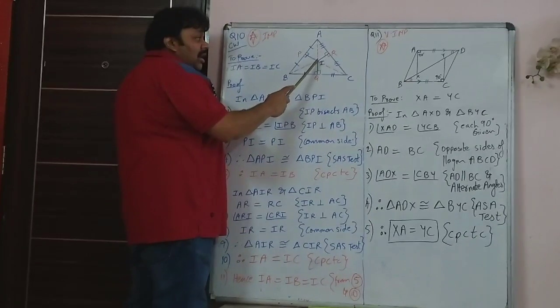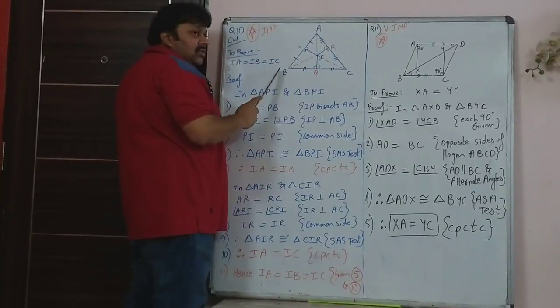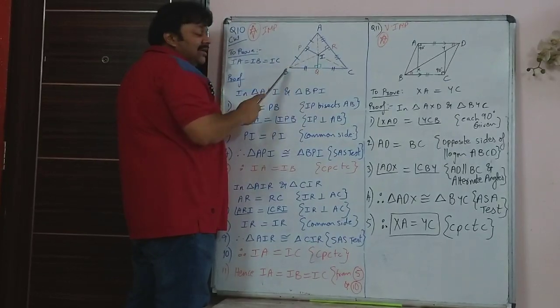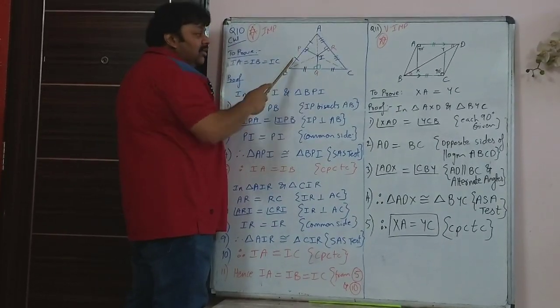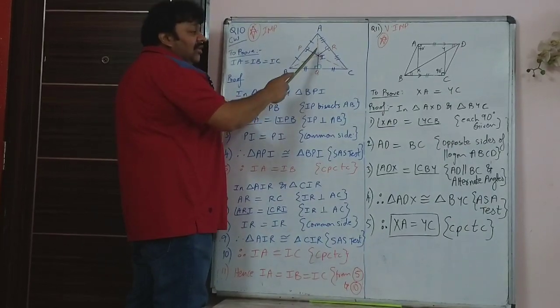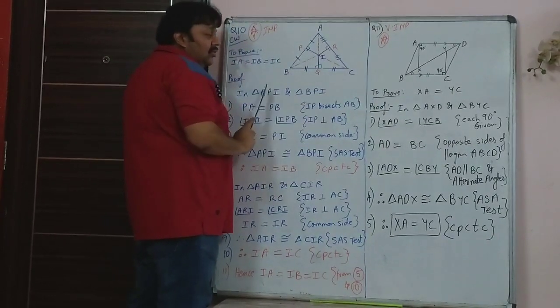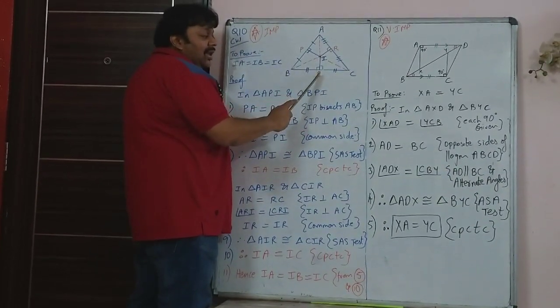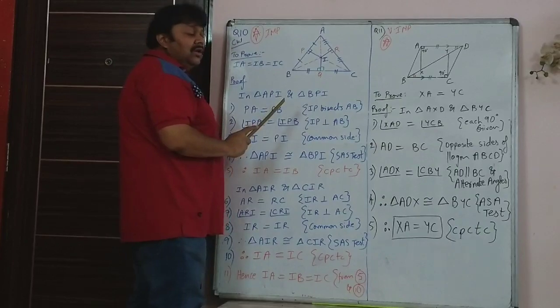I am only given IP is perpendicular to AB, so those two angles are 90. And IP is bisector of AB, so P is midpoint of AB. So AP and PB are equal. Same way, IQ perpendicular to BC, so IQB and IQC, those two angles are 90.